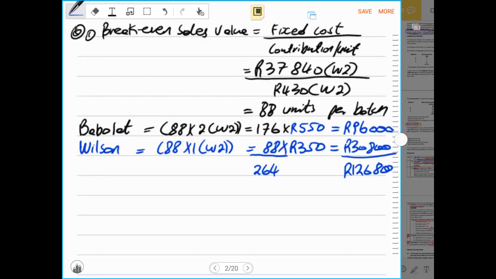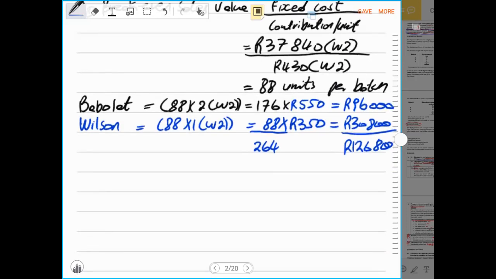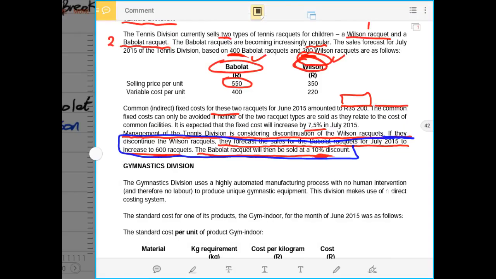So now this will be the answer to requirement 1, where we were required to calculate the break-even point, and that break-even point was in value, taking into account the fact that the company is not discontinuing the production of the Wilson product.